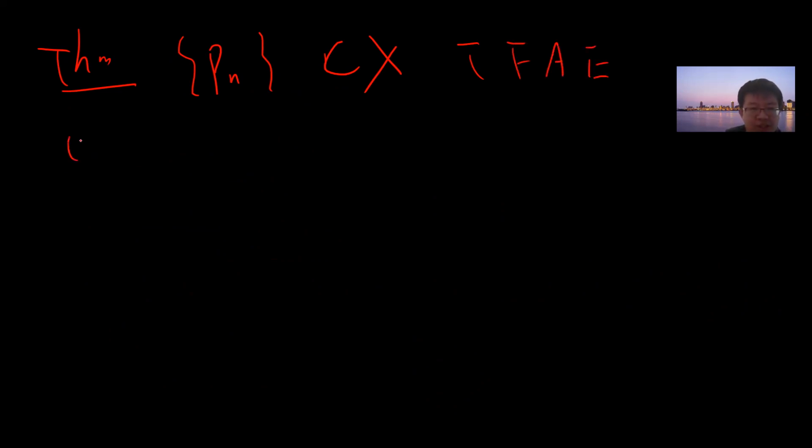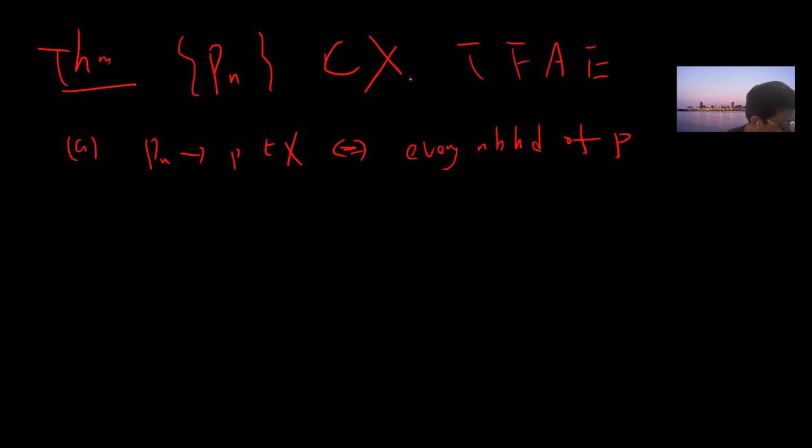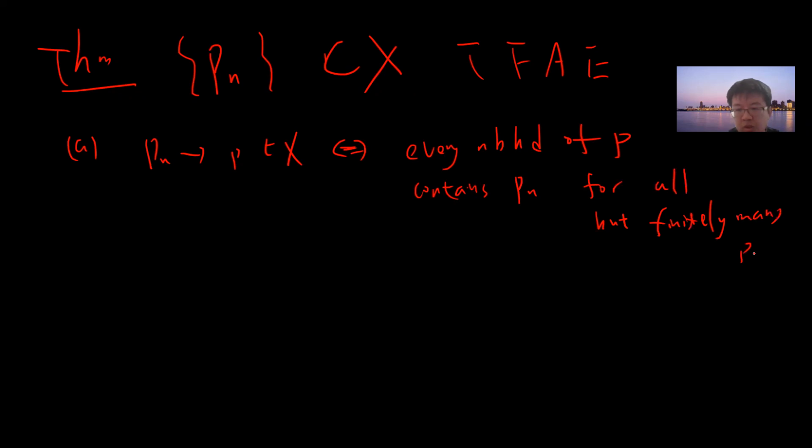The first one is that Pn converges to P in X if and only if every neighborhood of P contains Pn for all but finitely many n. Sorry, not equivalent. I should say the following are true.